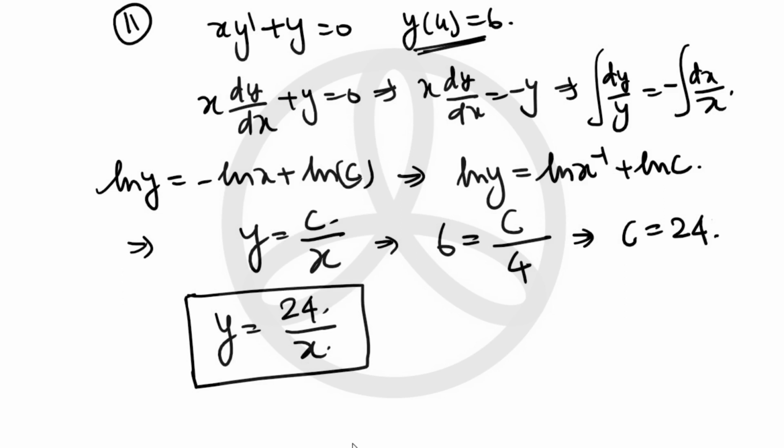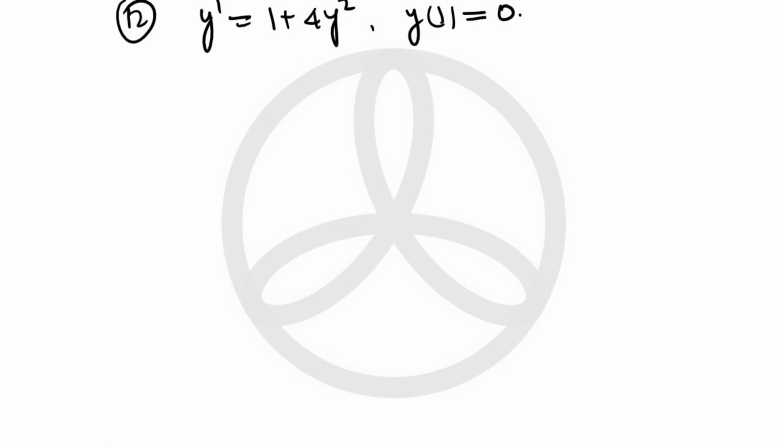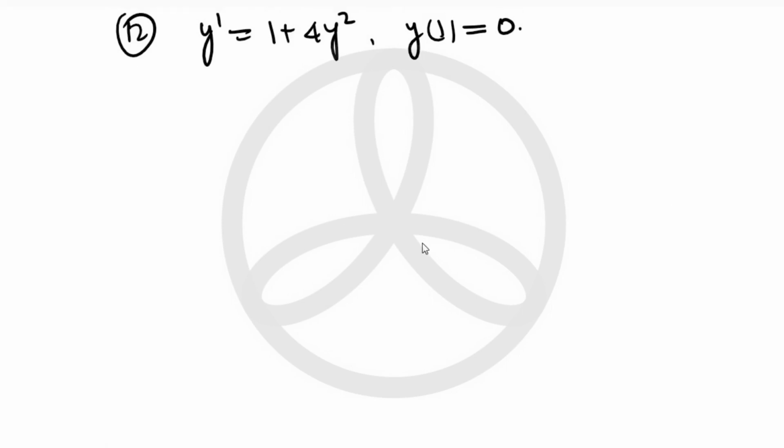Okay. So now let us discuss question number 12. So question number 12 is right here, and it says that y prime = y + 4y square.